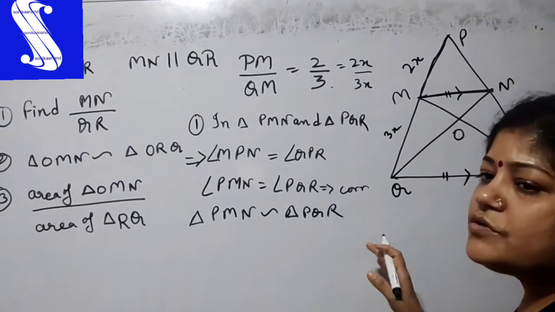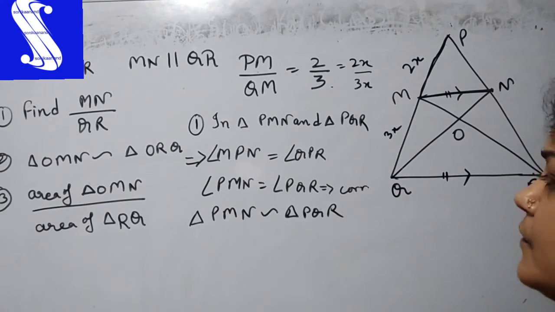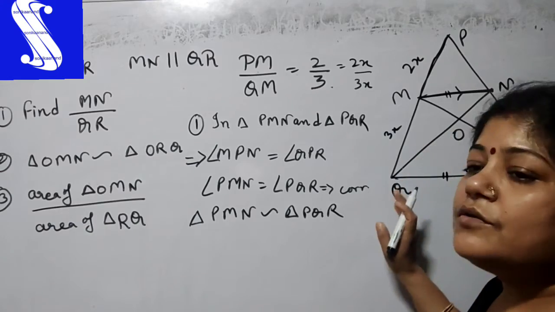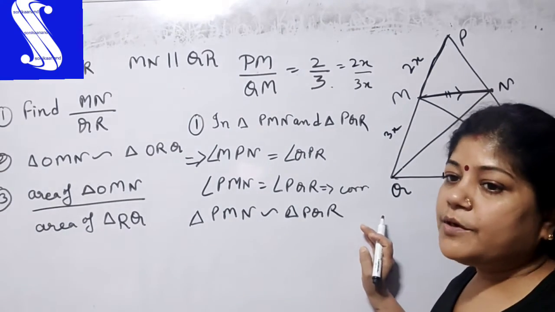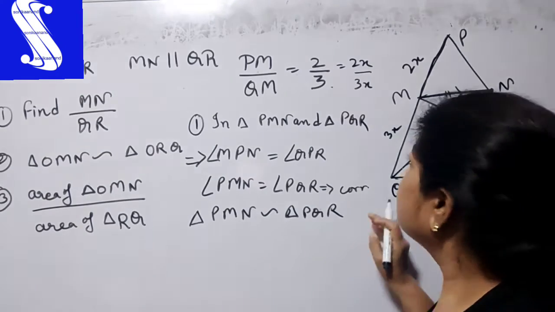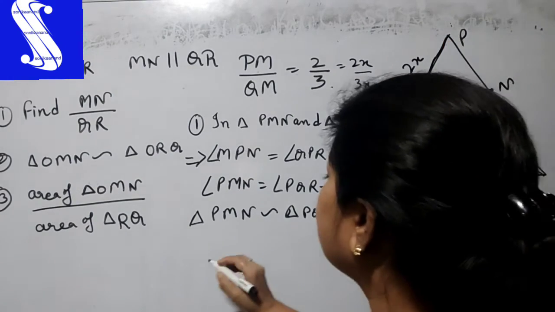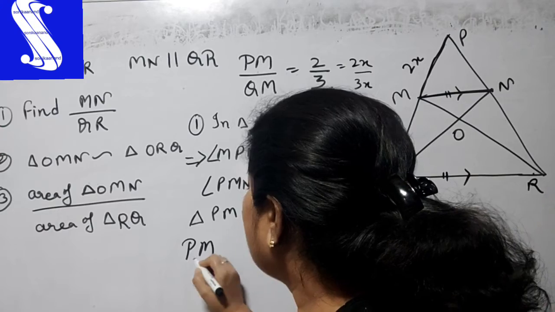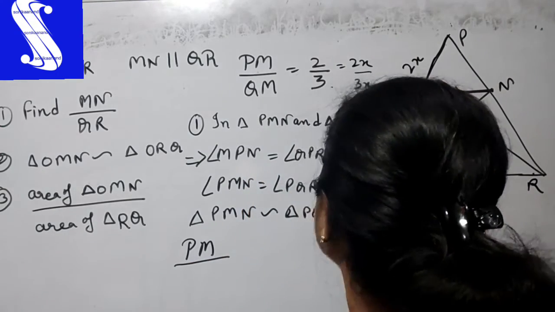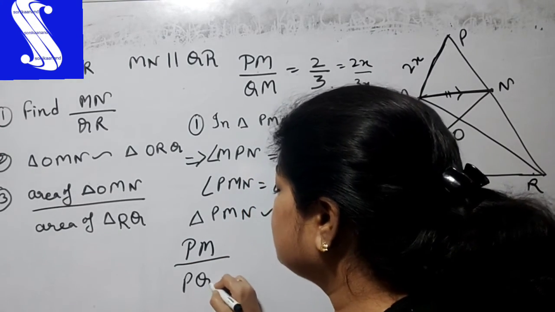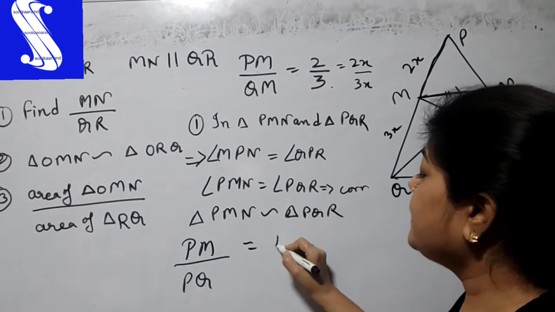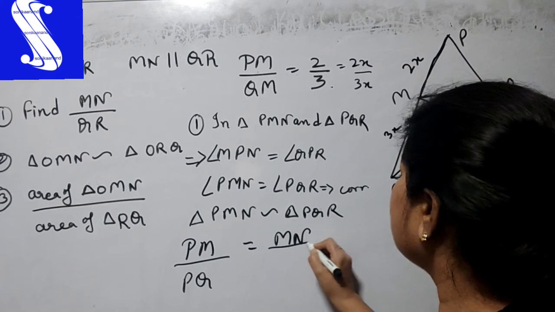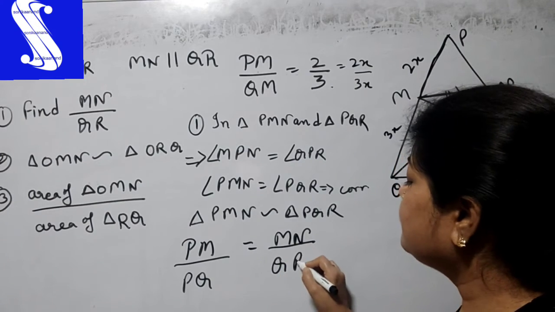So when these two triangles are similar to each other, we can easily find out the ratio. There's a similar ratio in between the sides of the two triangles. So in the smaller triangle, we have the side PM, and for the bigger triangle, we have the side PQ. Similarly, for the smaller triangle, we have the side MN, and for the bigger triangle, we have the side QR.